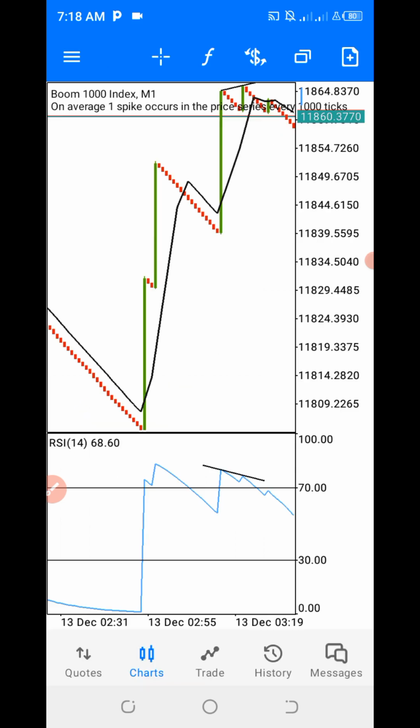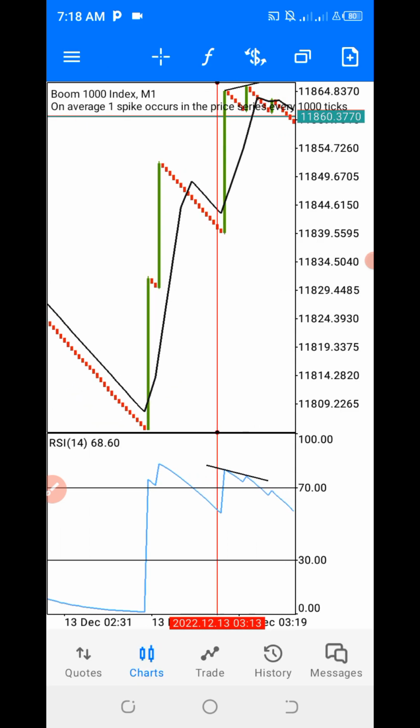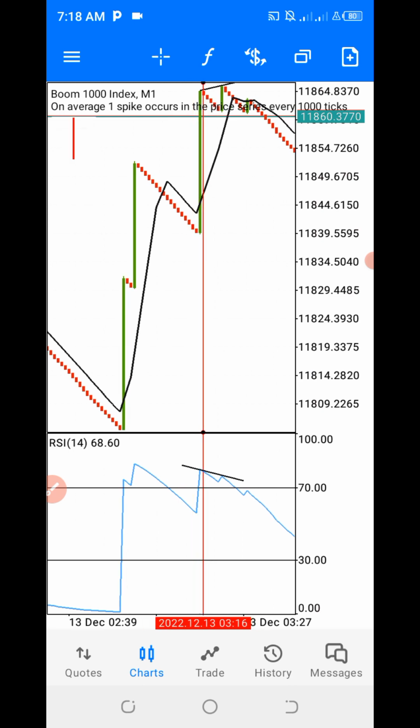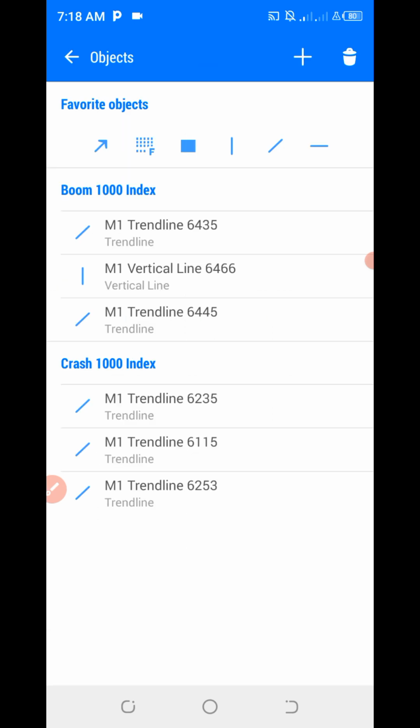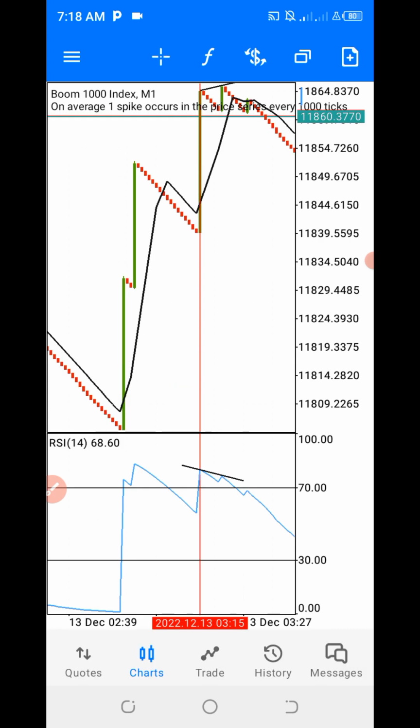This is our higher high, and this is our higher low. Can you see now?